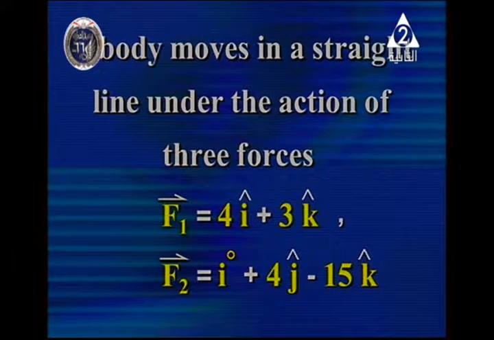Remember, dear student, the body moves in a straight line under the action of 3 forces. The first force, F1, is 4i plus 3k. The second force is i plus 4j minus 15k.